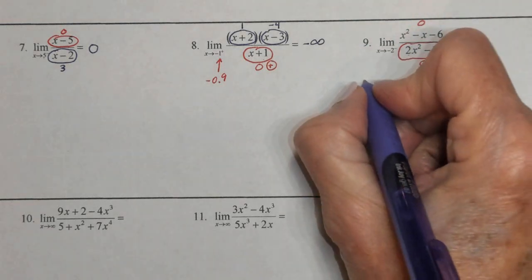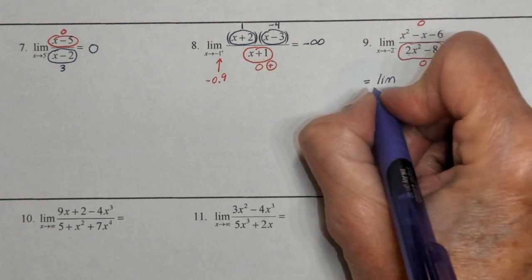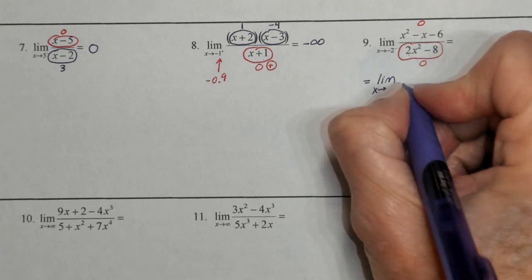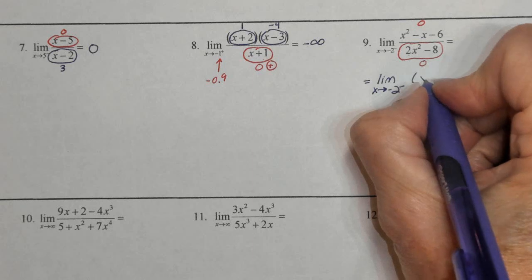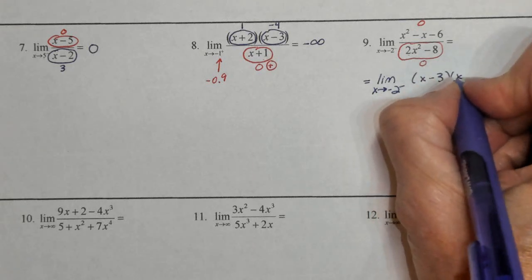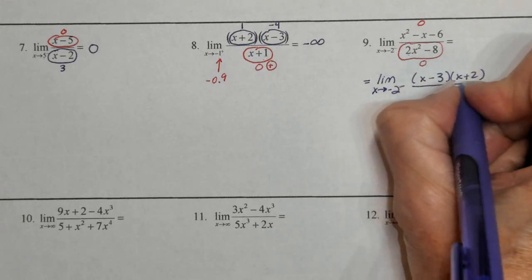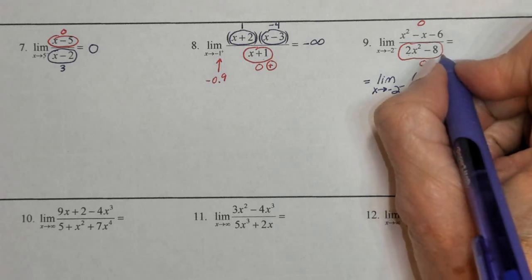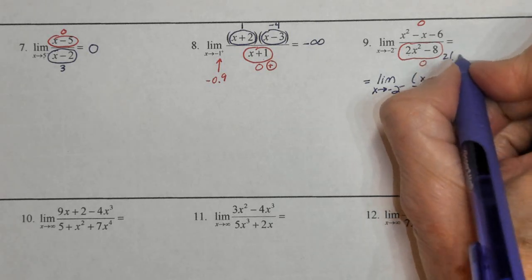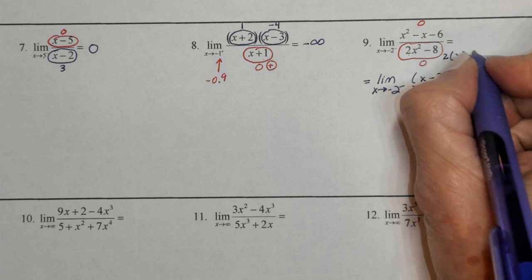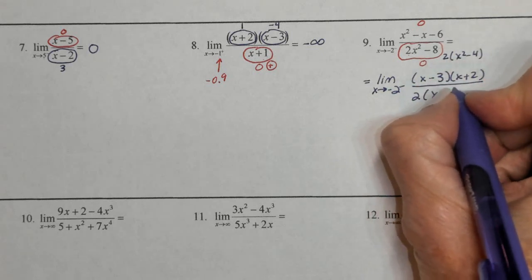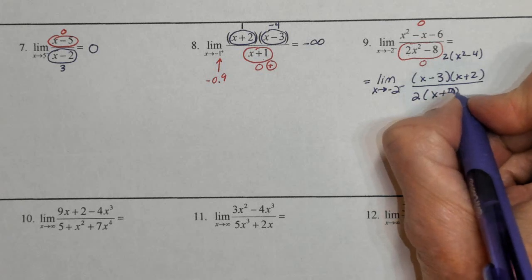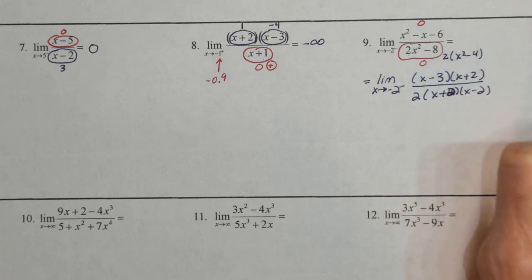So I treat it like we did with any other hole. I'm going to factor and reduce and eliminate the hole. The top factors into x minus 3, x plus 2. For the bottom, I'm going to first take out a 2. So I have a 2 outside, and then I have an x plus 4, x plus 2, x minus 2.